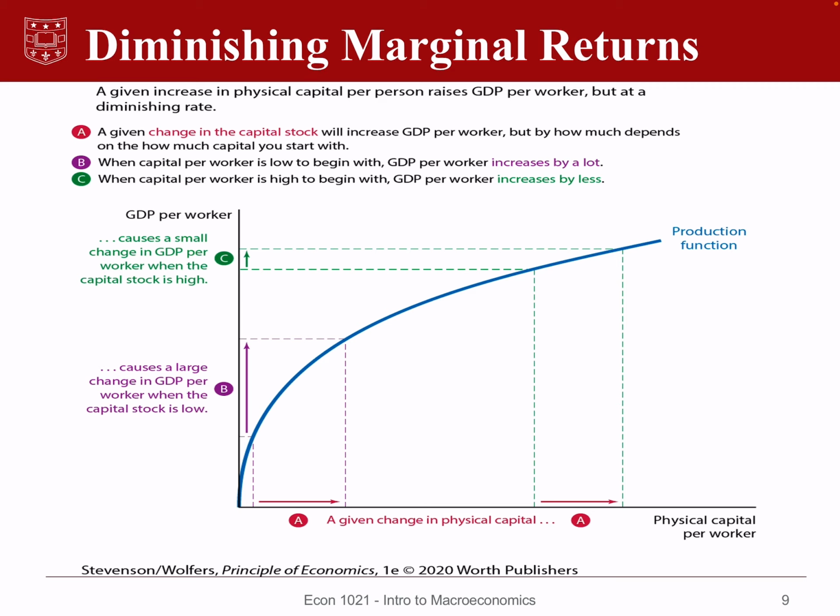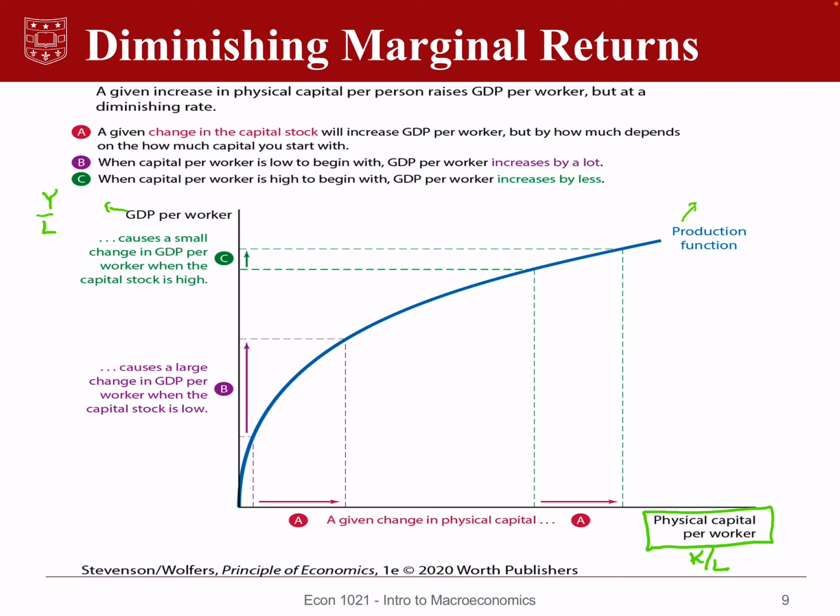Well, we need to remember that what we have in our characterization of the production function is capital per worker, and what we're measuring as well is not just output, but output per worker. And so to illustrate the idea of diminishing marginal returns, what we're saying is we can describe the production function.